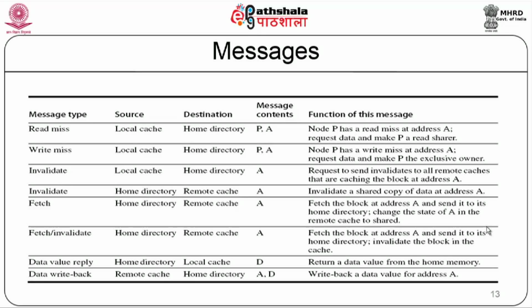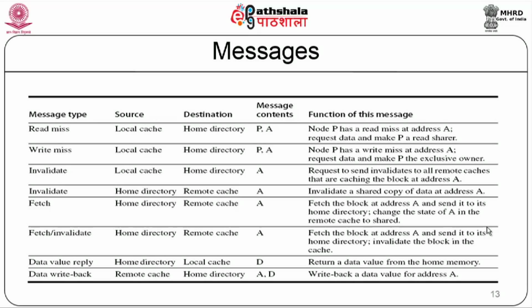So, it will have to invalidate all those cache blocks. That is done by the home directory. So, for invalidate, a local cache sends information to the home directory at an address A. It says that I am going to write into this. So, it is a request to send invalidate to all remote caches that are caching the block at address A. The directory will have to send in invalidate information.